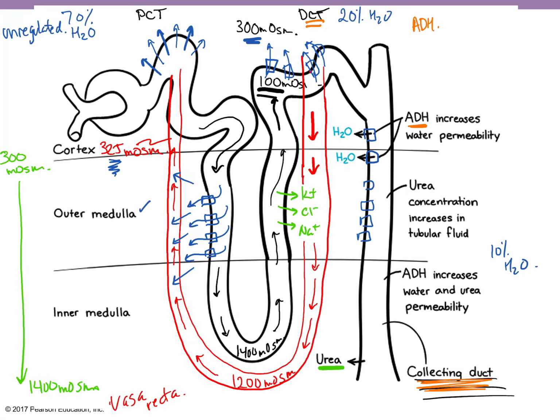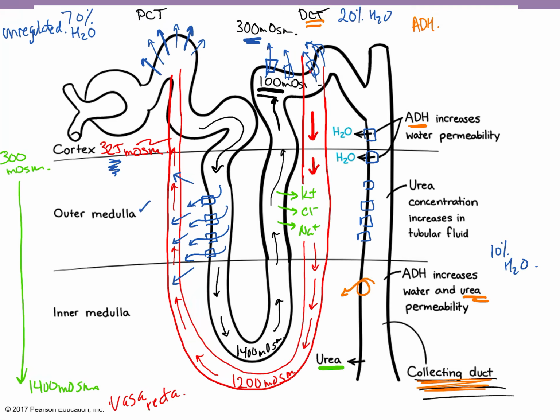One last thing I think to talk about, we'll get to urea in just a second. One more thing to talk about is, let's do urea first. So urea also has transporters, which are UTA, UTB, and UTC. Those transporters are also going to be responsive to ADH. And so ADH is going to set up a urea transporter, okay?